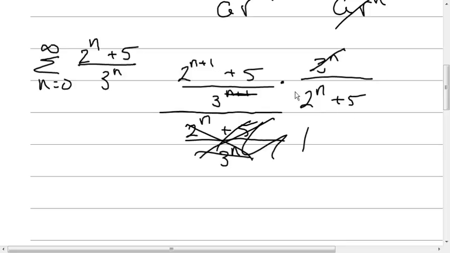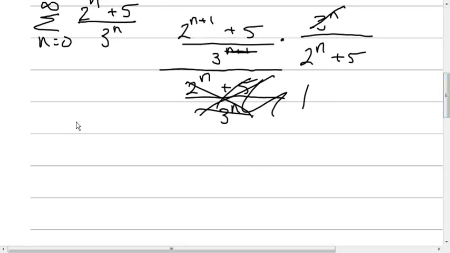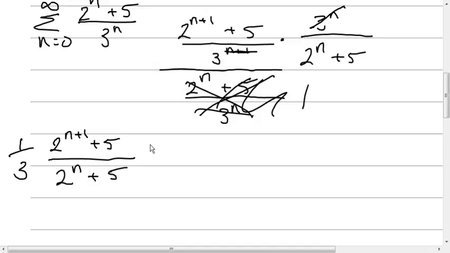Unfortunately, we can't do any cancellation here, so let's rewrite this term as (2^(n+1) + 5) divided by (2^n + 5), times 1/3. Now, one thing we can do to adjust this is multiply the numerator and denominator by 1/2^n. That's legal because we're multiplying both the top and the bottom of this fraction by this number.